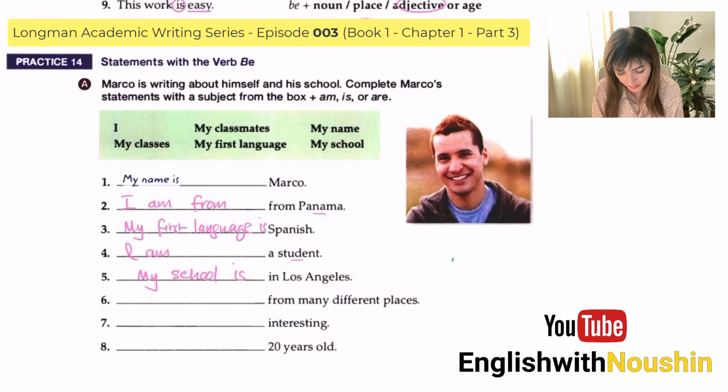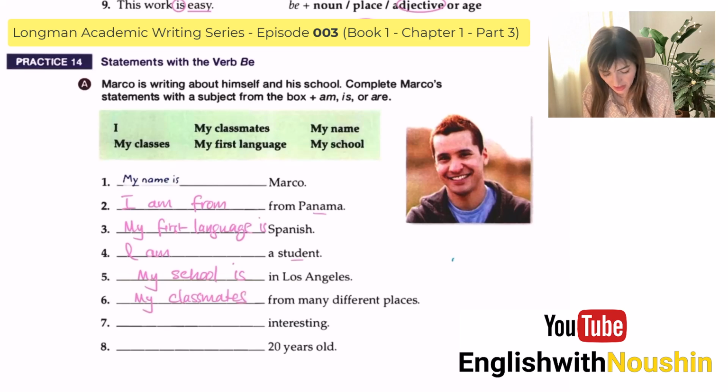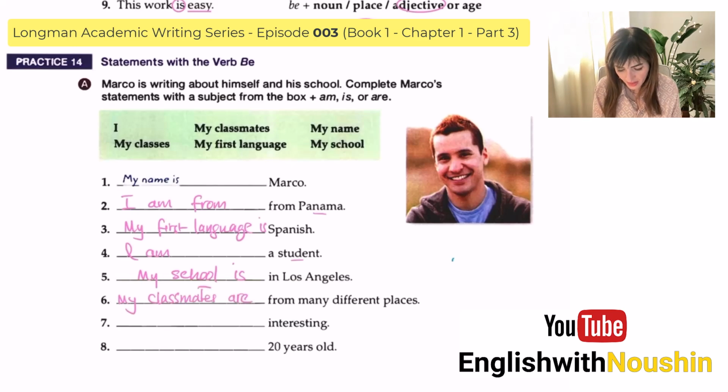From many different places. My classmates are, let's make it a T. Oops. Let's make it a little bit smaller so we can fit the whole sentence in. My classmates are interesting.